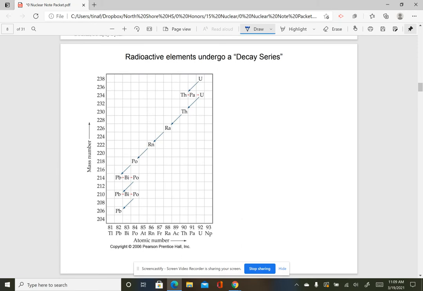Okay. So this little graph, guys, this is the decay series starting with uranium up here. So we're going to start with uranium. Now, every time you see an arrow, that shows that the atom is getting rid of a particle and turning into something else. So my first step in this decay series is uranium turning into thallium, right?